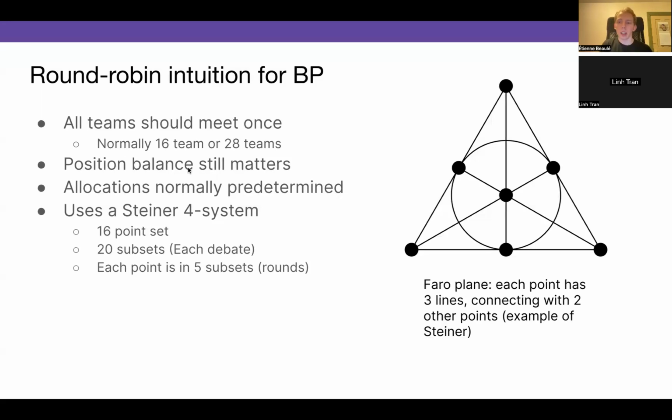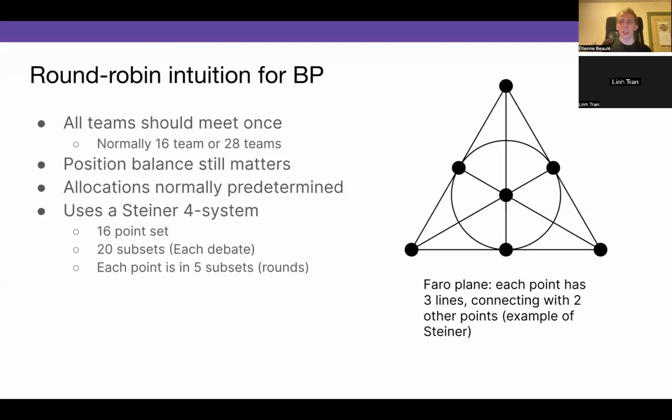Now, there are a couple of constraints. The first thing is that all teams should meet once and only once, and also that position balance still matters. So you don't want a team to always be in OG or any specific position.